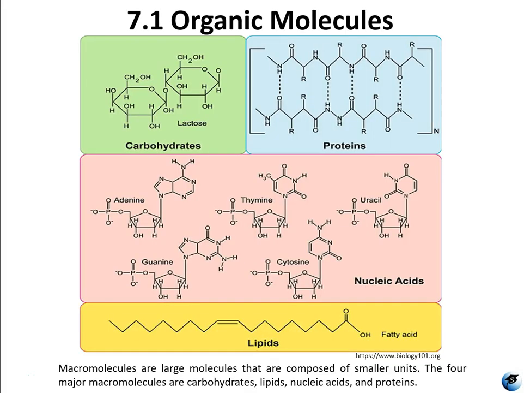I've included this figure here in order to give a brief overview of all of the organic molecules that we'll be discussing. These are all macromolecules, which are rather large molecules. The four major macromolecules are your carbohydrates, lipids, nucleic acids, and proteins.